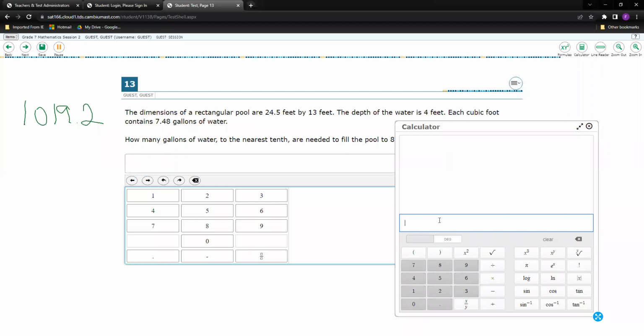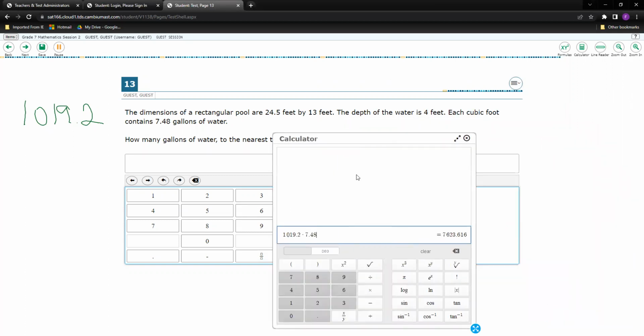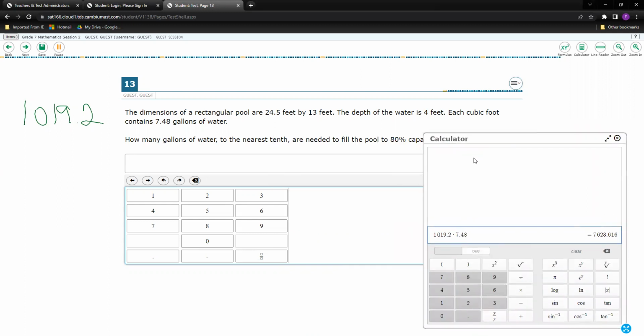So now I'm going to need to multiply that number, 1019.2 times, that's cubic feet. So each cubic foot contains 7.48 gallons. So times 7.48, and let me see if there's any rounding. I don't think so. 7623616 is the answer.